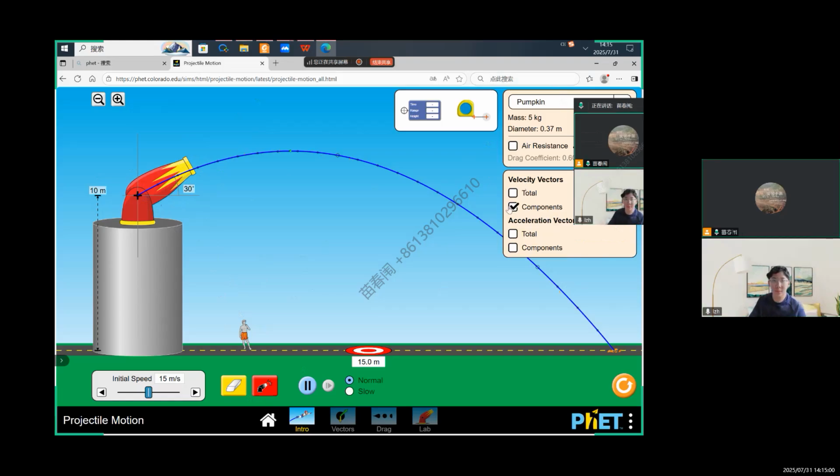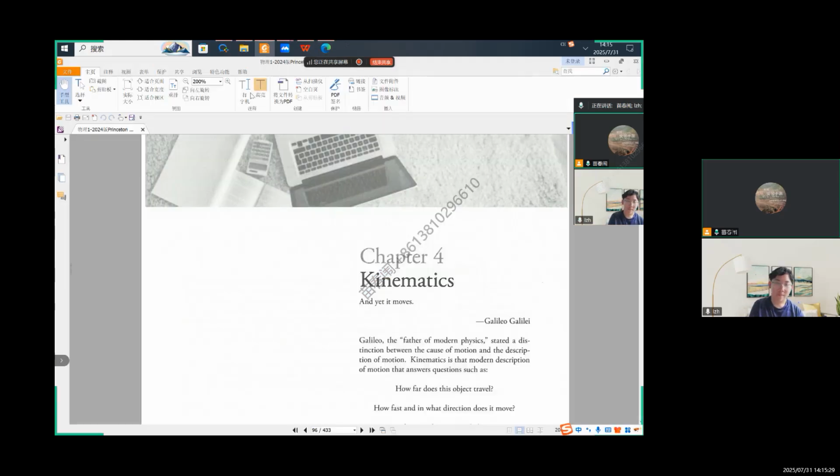So we make, and you also learned vector adding, right? We can basically split one vector into two directions. So let me show you the vector form. See the green one? That basically makes one velocity into two velocities, right? Does that make sense? That's why we have two directions.